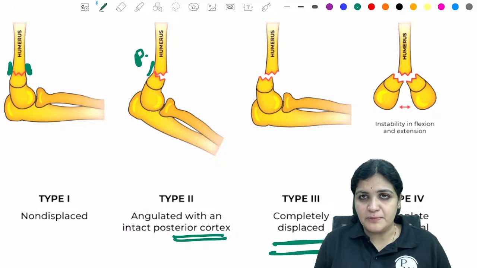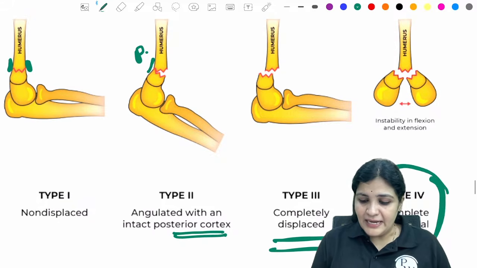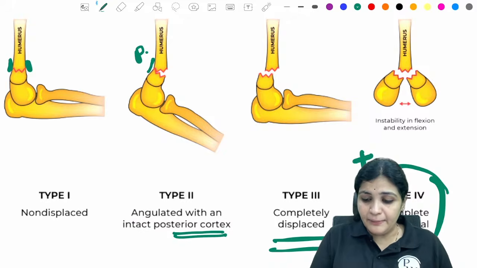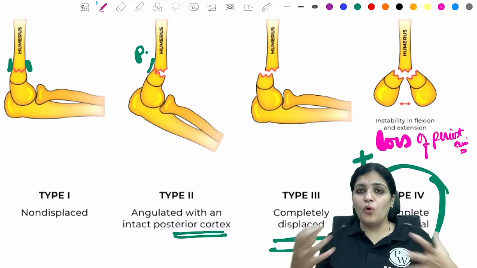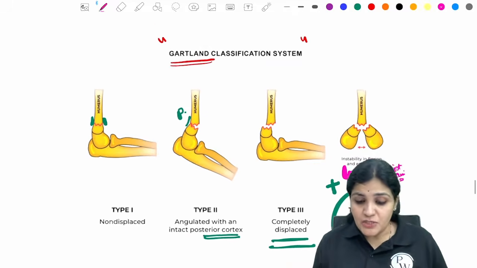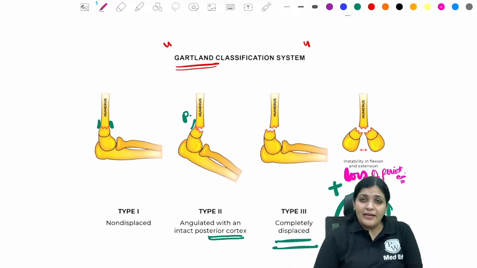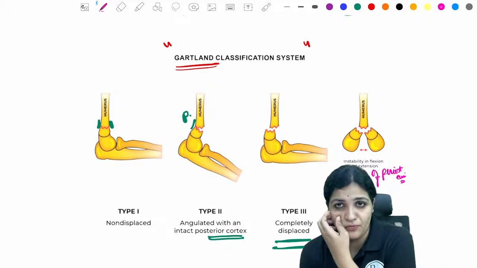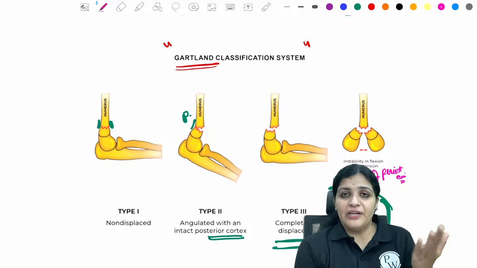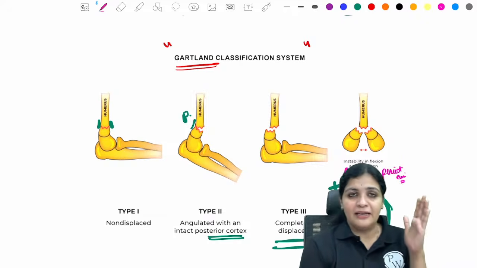Type 4 is an addition where there is complete loss of the periosteum, and it becomes more unstable. We have learned the basics, we have understood displaced and undisplaced, and now it has become very easy for us. So the Gartland classification is for supracondylar fractures, and there are 4 types.